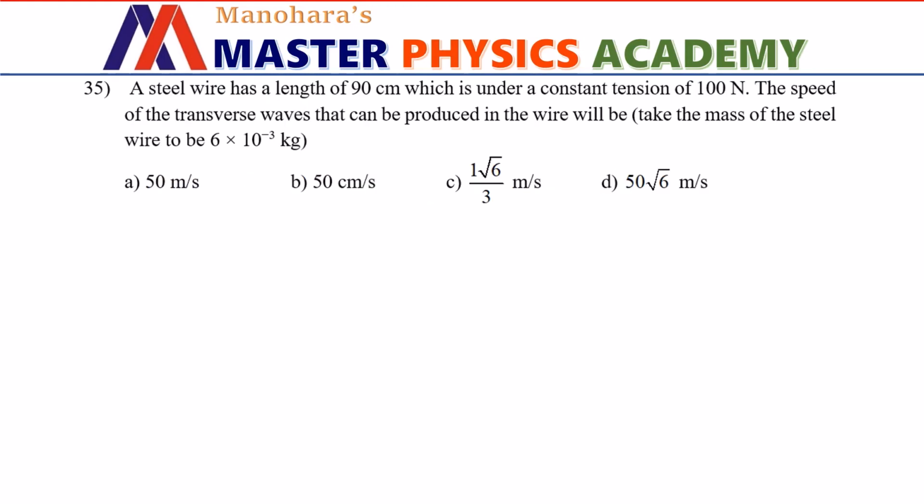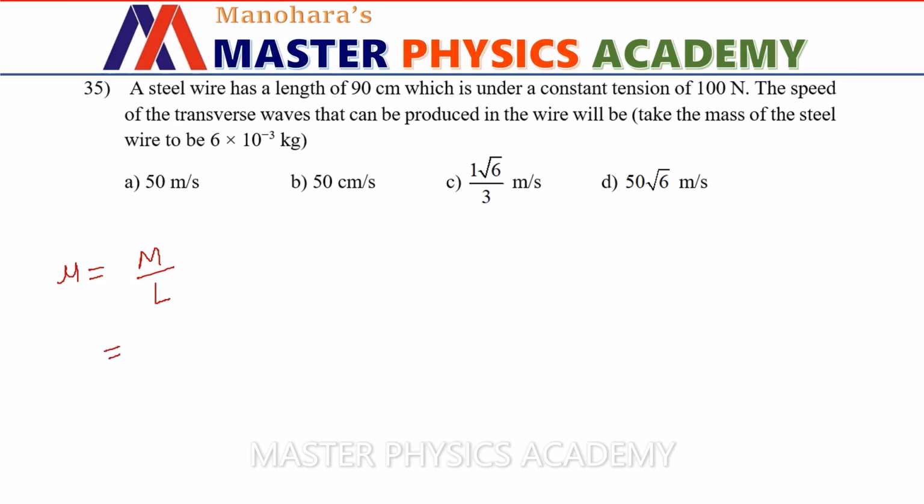A steel wire has a length of 90 centimeter which is under a constant tension of 100 Newton. The speed of the transverse waves that can be produced in the wire will be, take the mass of the steel wire to be 6 into 10 to the power minus 3 kg. First of all, let us evaluate the mass per unit length, given by symbol mu, which is nothing but the total mass of the wire divided by the total length of the wire.